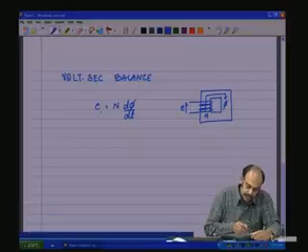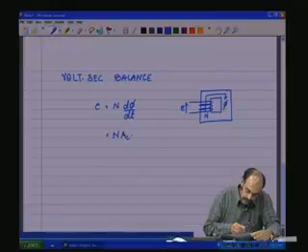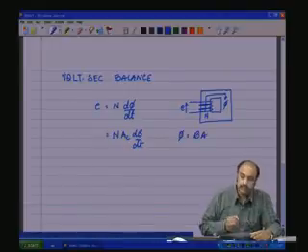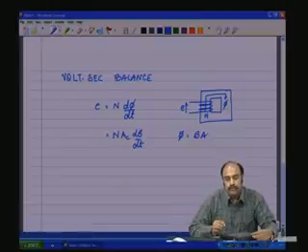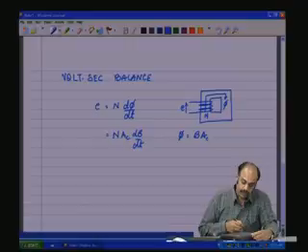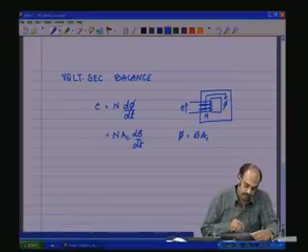Now, this voltage E, which is equal to N d phi by dt, or N AC dB by dt, where phi is equal to B into A, because flux density B is flux by the area of cross section of the core.